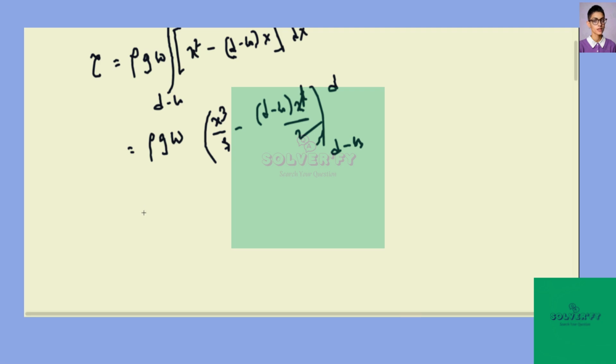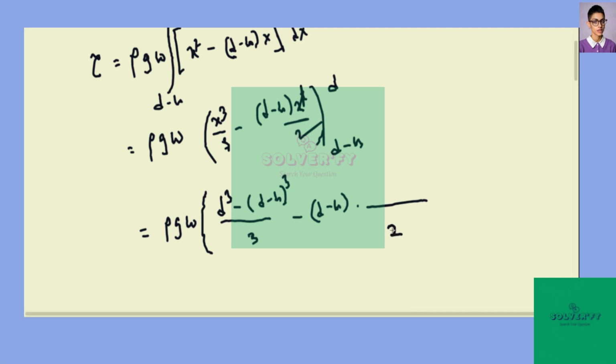So that comes out to be rho g w times d cubed minus d minus h cubed divided by 3, minus d minus h times d squared minus d minus h squared divided by 2.